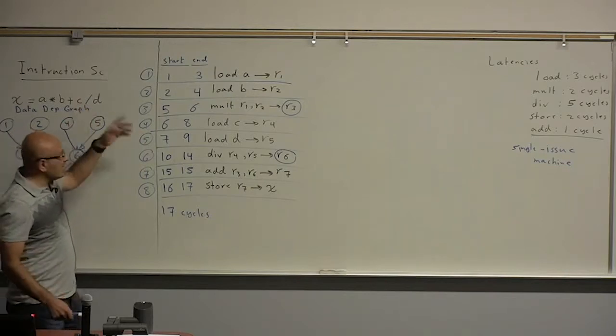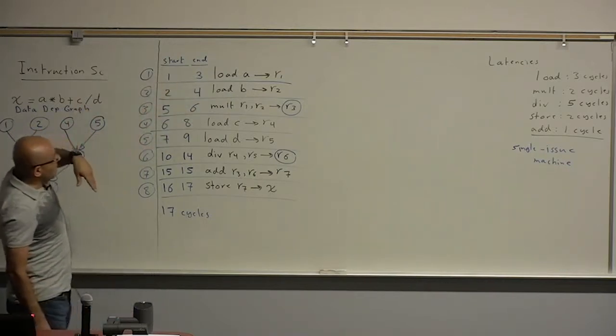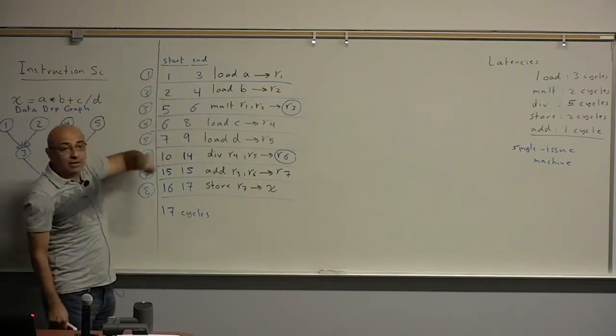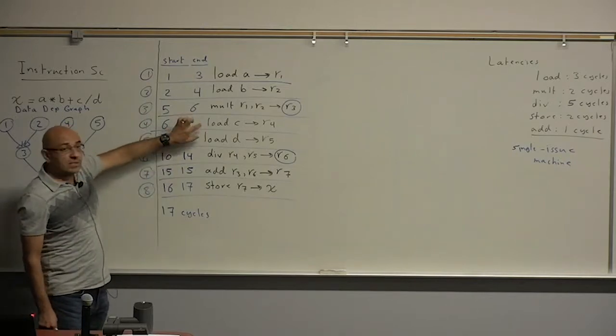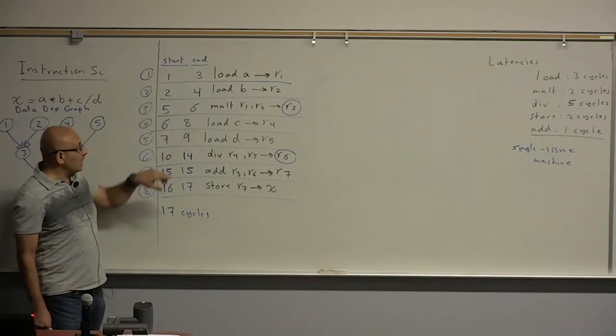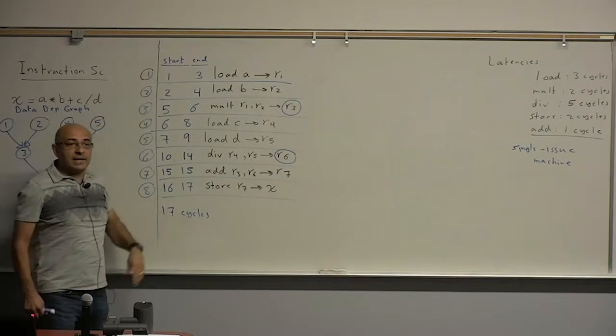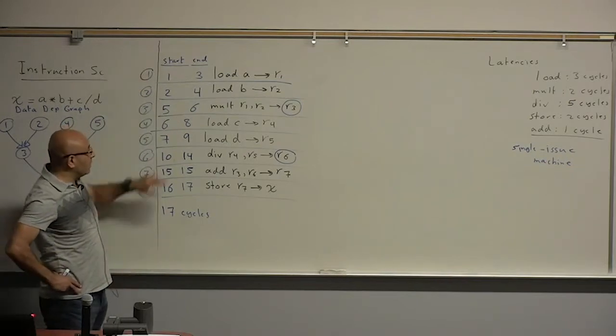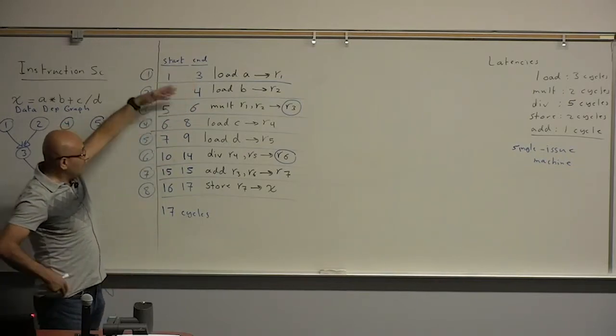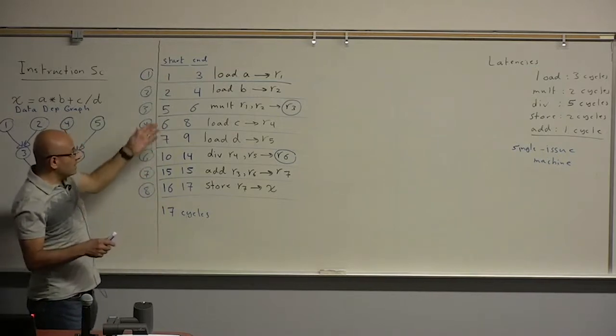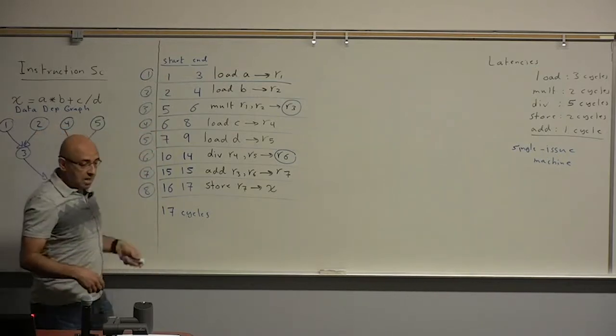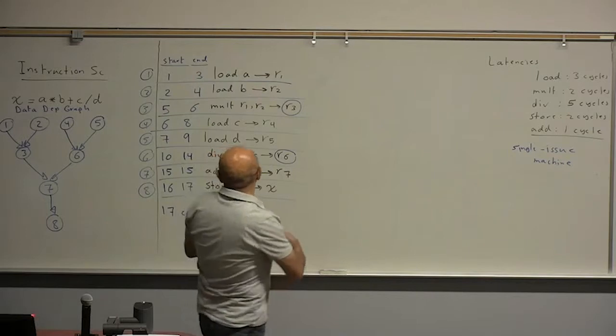So an instruction scheduler in this case may notice that these loads have long latencies, and these loads are independent. So I can execute all the loads in the very beginning, and then do everything else afterwards. So an instruction scheduler may do this.